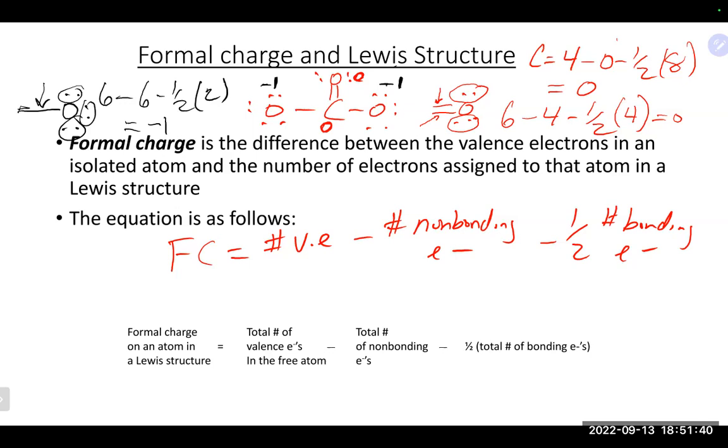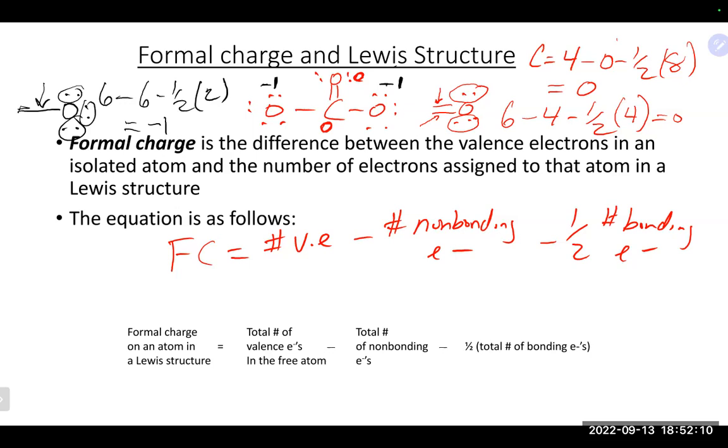The idea with formal charge is this. The best situation for formal charge is where you could really minimize it, so getting everybody to zeros would be the best thing. The next best thing, if you can't get everybody to zeros, is that you typically want the more electronegative atom having the more negative formal charge versus having a more positive formal charge.